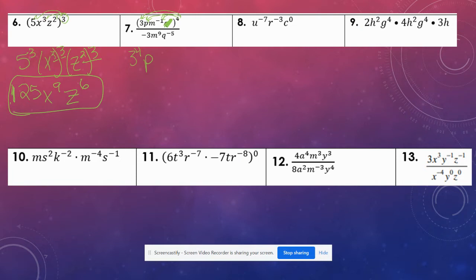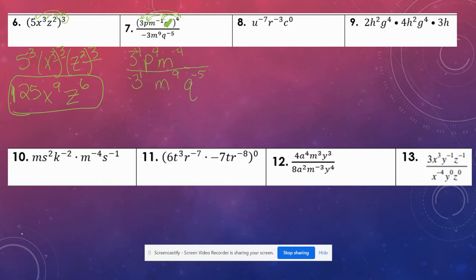Power of a power rule says 1 times 4 is 4. And m to the negative first to the fourth, negative 1 times 4 is negative 4. On the bottom, I have that negative 3. It is to the first power. We have m to the ninth, and then we have q to the negative fifth.